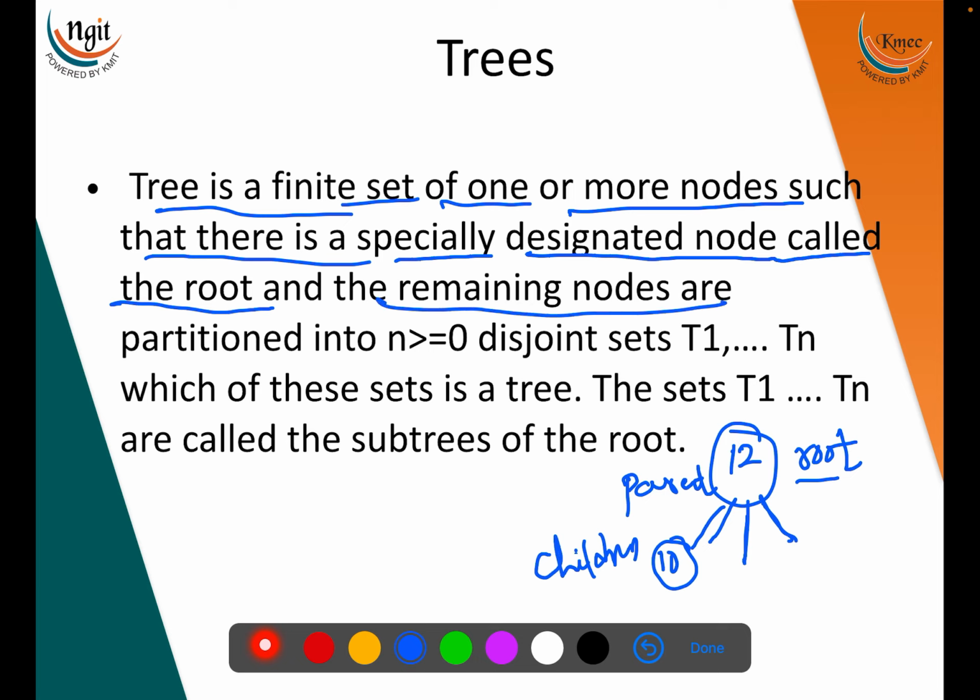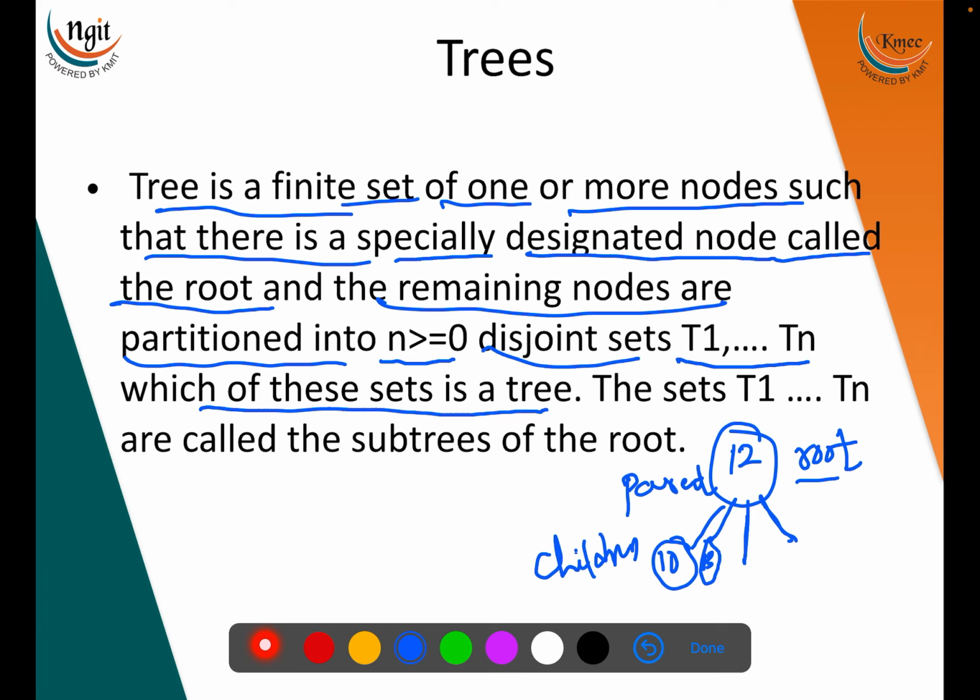And the remaining nodes are partitioned into n greater or equal to 0 disjoint sets T1 to Tn, each of which is a tree. Now look at this 10. 10 is one of the elements, and assume another element, 13, also exists in the tree.